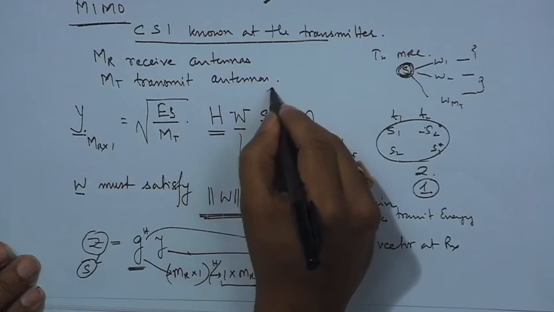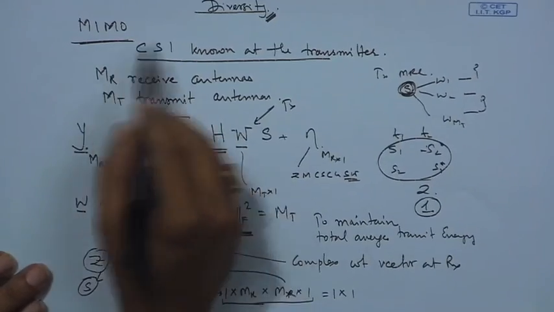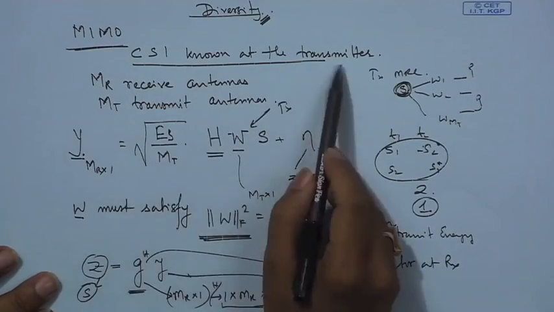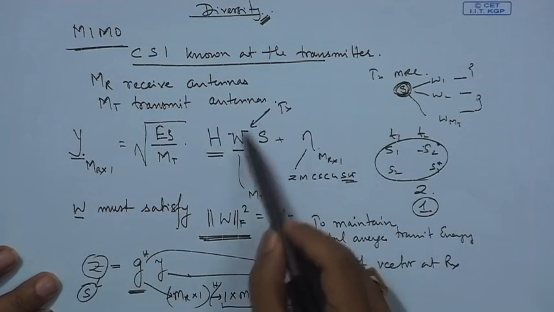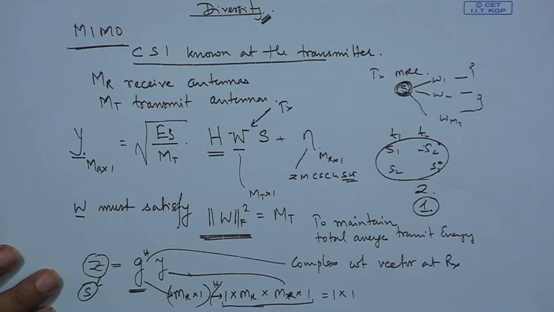So we have w at the transmitter, and we have G at the receiver, and when we do this MIMO based diversity gain with CSI known at the transmitter, we have to choose w and G in such a way that we maximize the SNR, and that's our objective. We'll see in the next lecture how we maximize this SNR, and what we get at the end when we maximize the SNR following a special scheme.